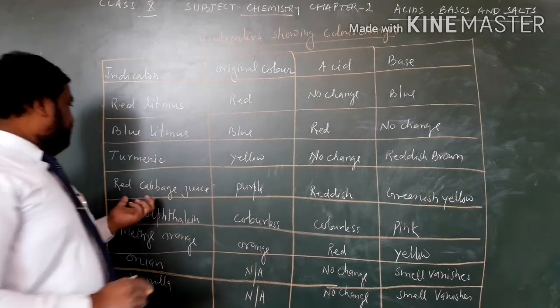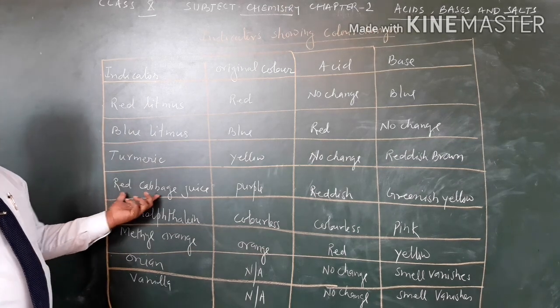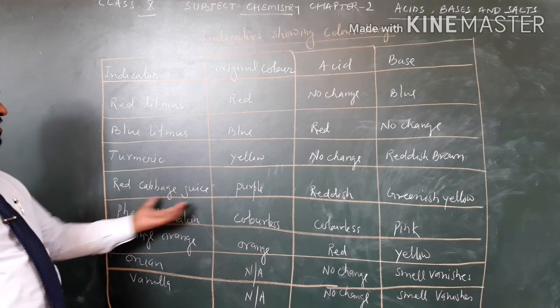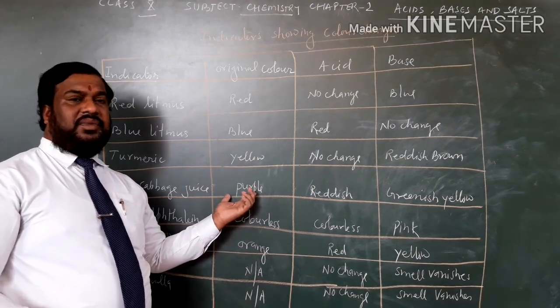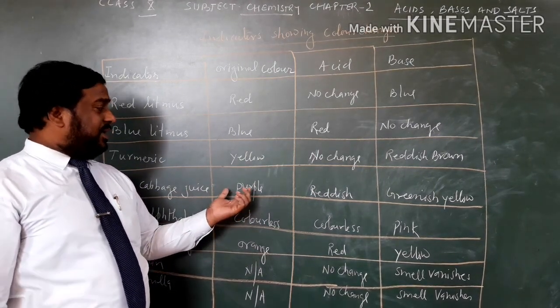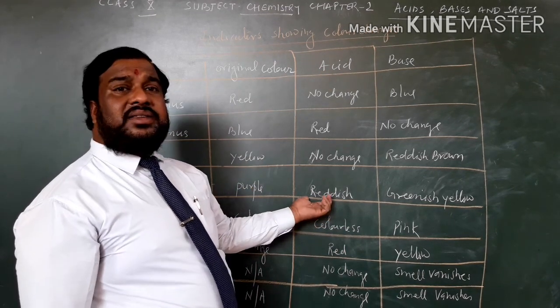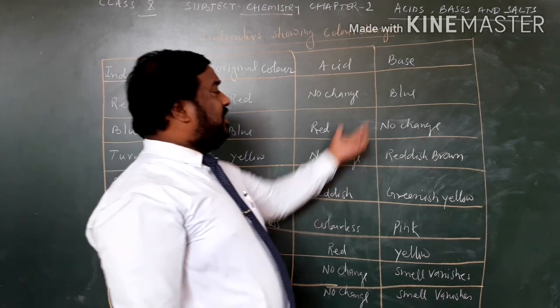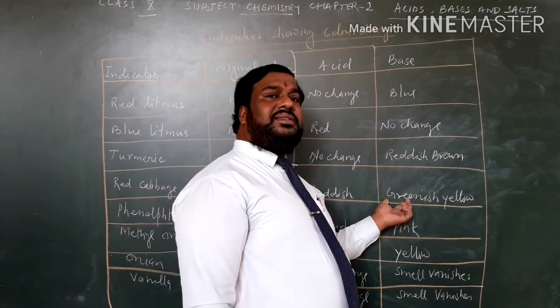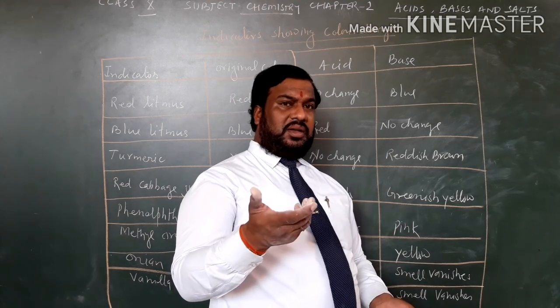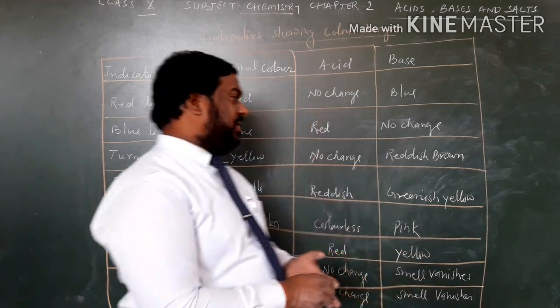Now third one, red cabbage juice. Red cabbage juice has a purple color as its original color, and this purple color in acid turns reddish, but in base a greenish yellow form. So red cabbage also shows as a natural indicator.